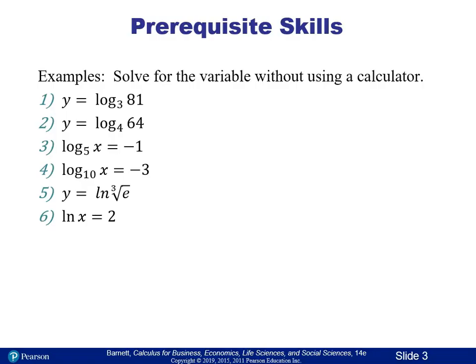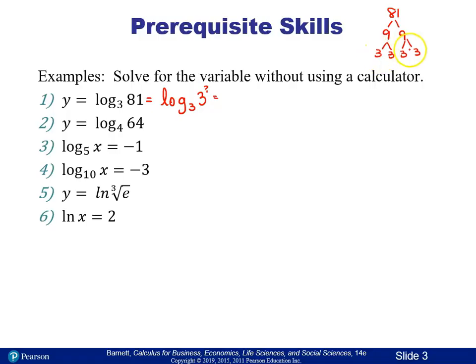Okay, so applying some of these, we want to be able to solve these without using a calculator. So on one like this, what I would suggest doing is trying to rewrite 81 as 3 to some power. If you do the prime factorization of 81, we know that 9 and 9 go into it, and then 3 goes into 9.